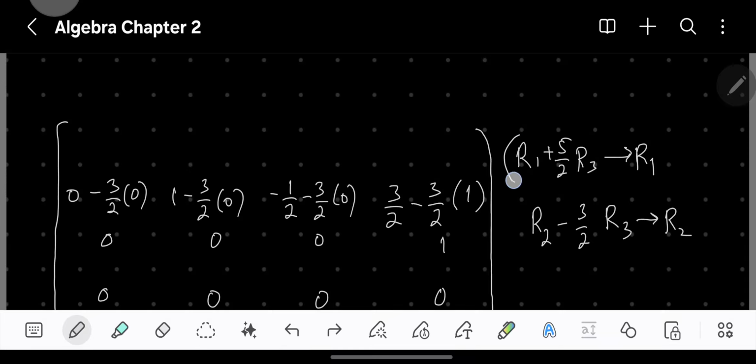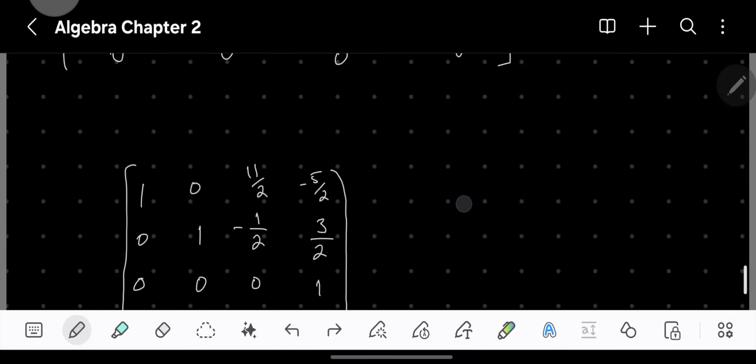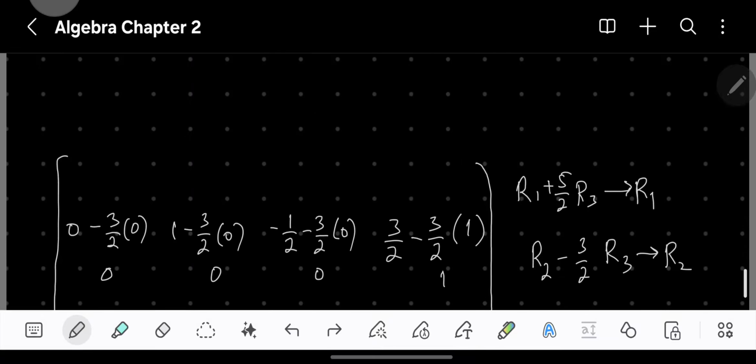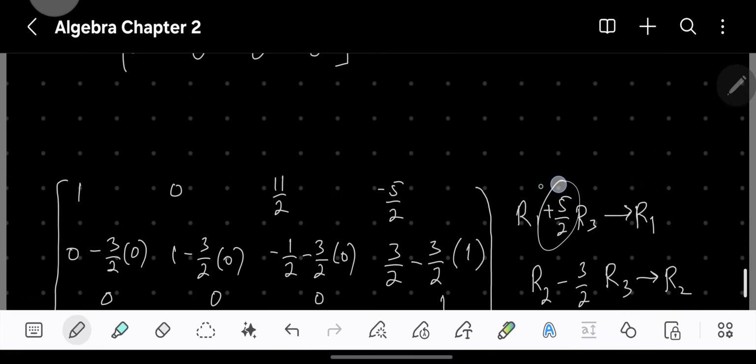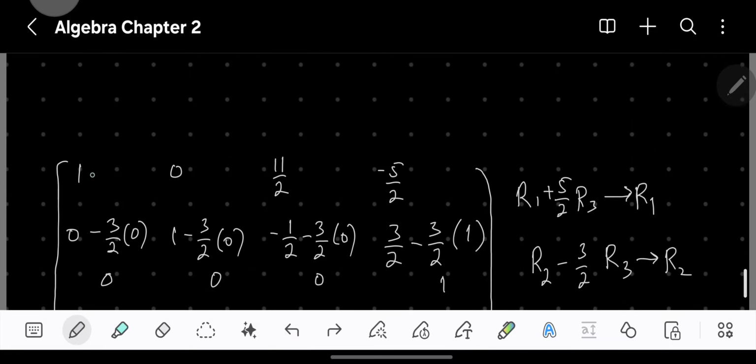So R1, first of all, what is R1? R1 is 1, 0, 11 by 2, minus 5 by 2. Plus 5 by 2 everywhere, plus 5 by 2 times R3.